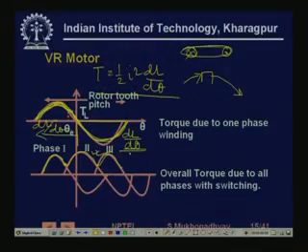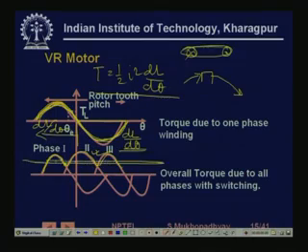When this one tends to be negative, you switch on phase 3, and again the same tooth with respect to phase 3 has positive torque. As the torque tries to reverse, you are switching on another phase, so that with respect to that phase the rotor tooth has a positive torque, and this is happening to all the rotor teeth. Therefore, you are maintaining an average positive torque and your motor is rotating.